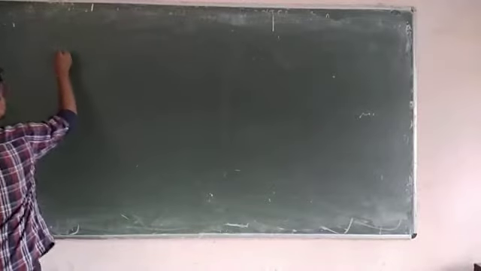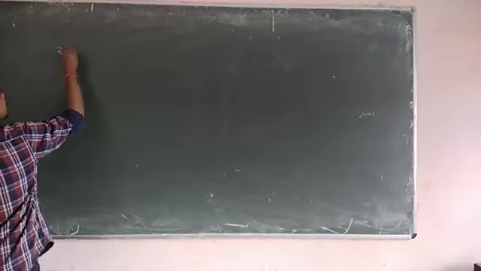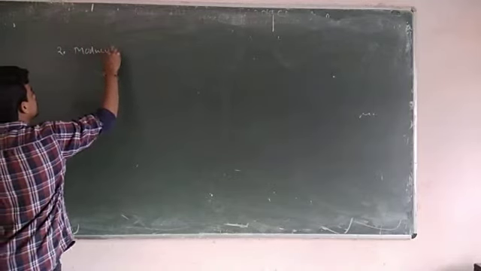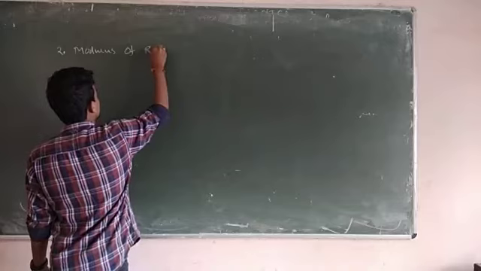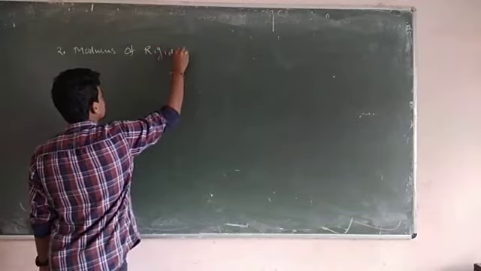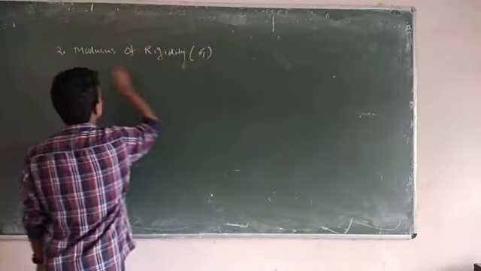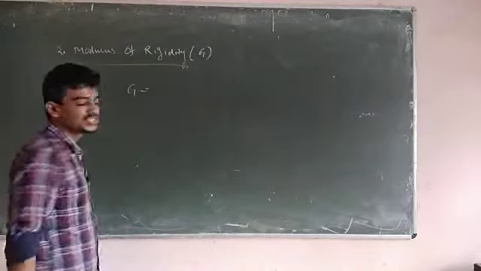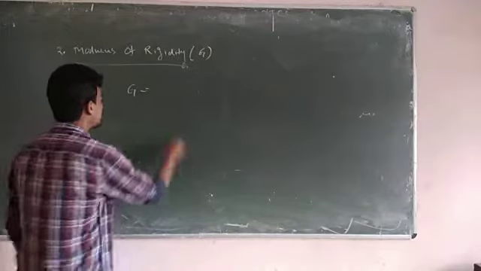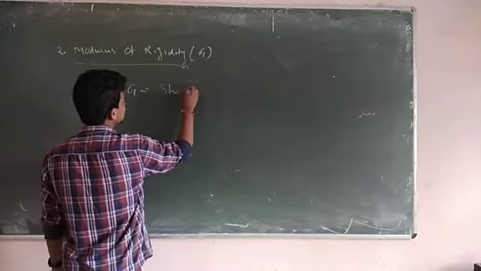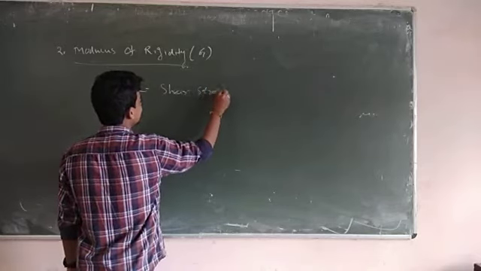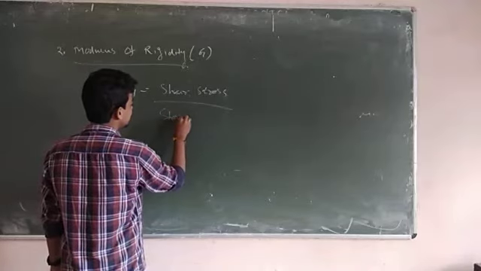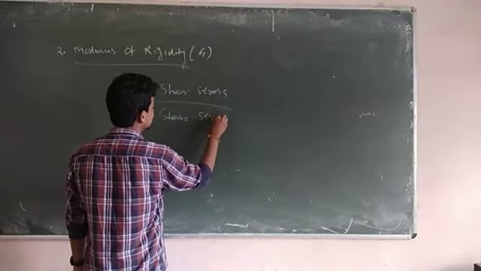One is modulus of elasticity, second one is modulus of rigidity, and the symbol is G. So modulus of rigidity is equal to shear stress by shear strain. What is shear stress? What is shear strain? I already explained, and one chapter is also there. Don't worry, we will study in detail what shear stress and shear strain are.